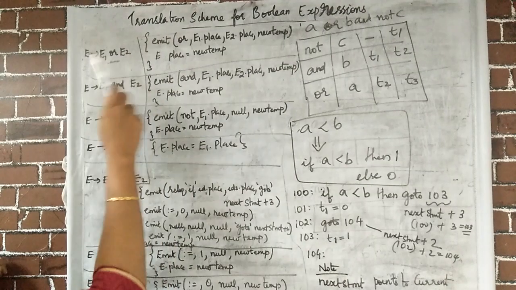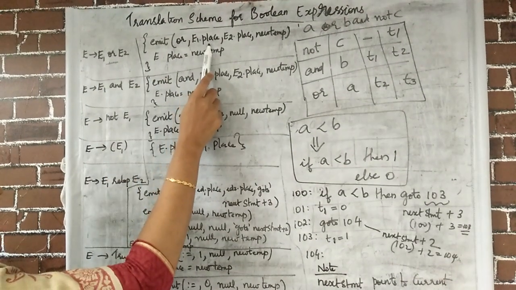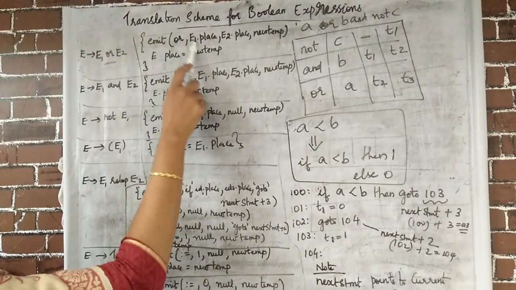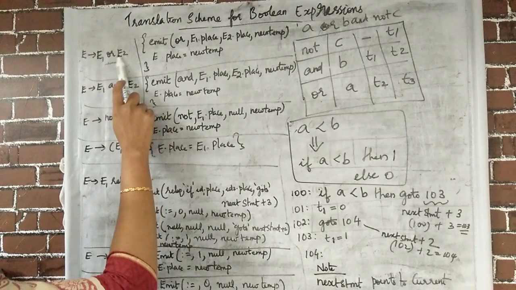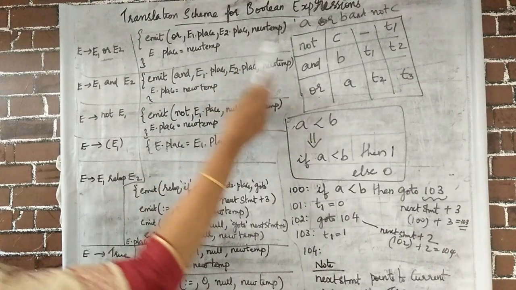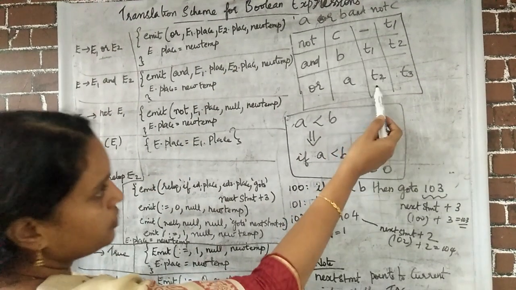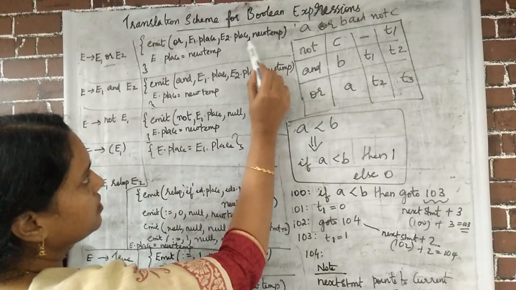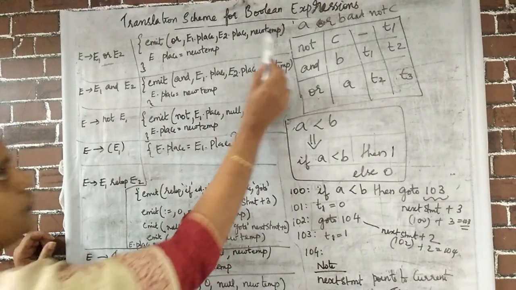So the first operand is E1 dot place, whatever variable holds the value of E1. The second operand is E2, therefore E2 dot place. The result is stored in a temporary variable, new temp.